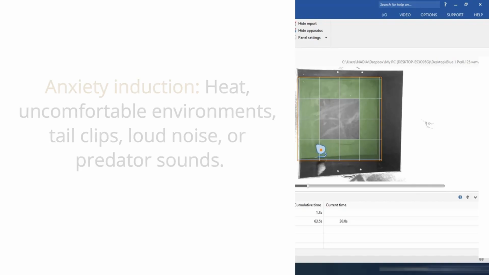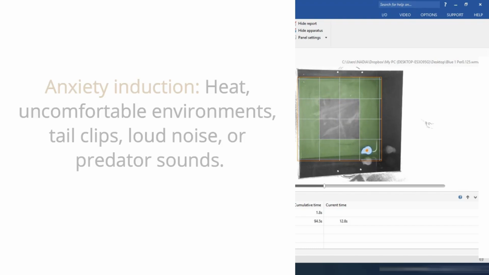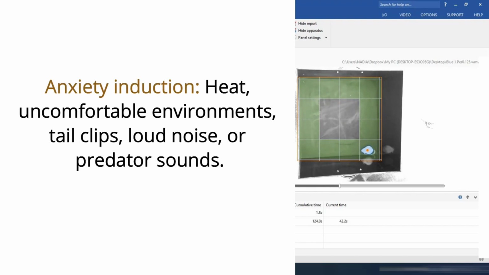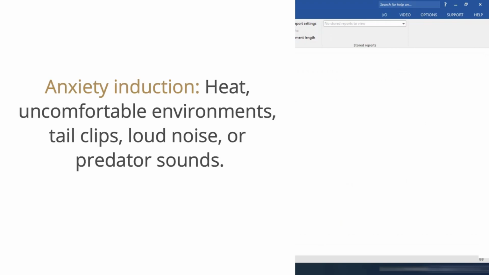Anxiety induction: how can we induce anxiety in animals? By using heat or uncomfortable environments, like sometimes we keep the animal's cage in a tilted condition, so they are not comfortable. In that condition they feel anxiety. Or sometimes we spill water in their cages, so they do not feel comfortable.